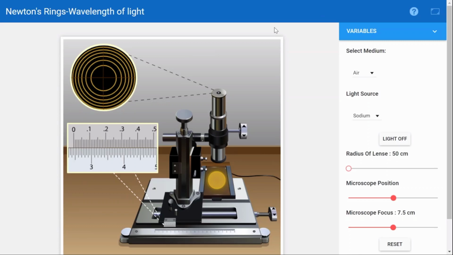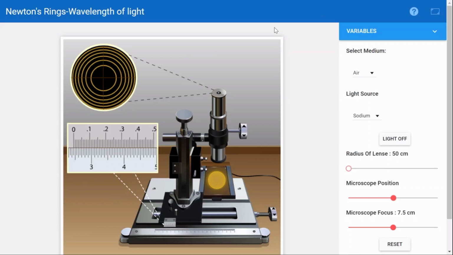Suppose I am taking one main scale division out of those 20. Then it will be 1 divided by 20. Yes or no? So the numerator in the least count is one main scale division, and you have to write it down as 1 divided by 20.